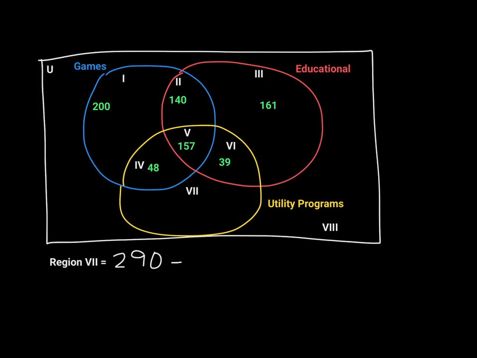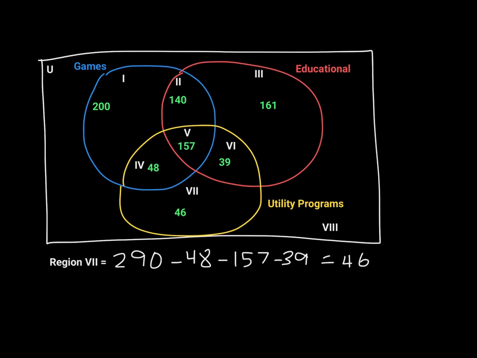But some of those customers are in region 4, some of those customers are in region 5, and some of those customers are in region 6. So we're finding this difference here, right? Again, because we don't want to count people twice. This difference here is 46. So then we know that there are 46 customers that purchased utility programs only.